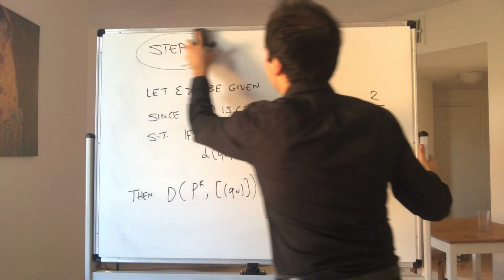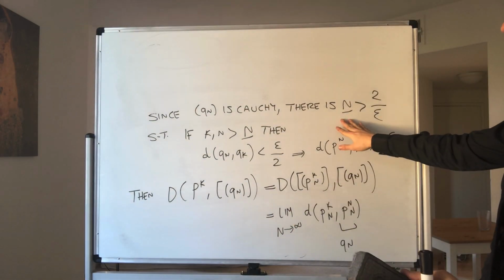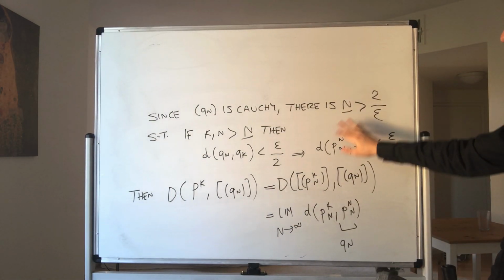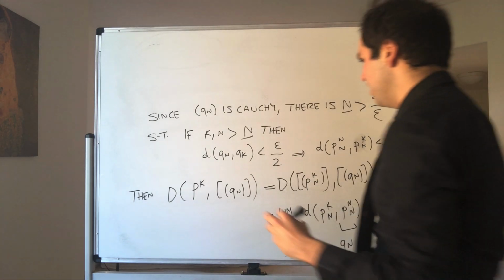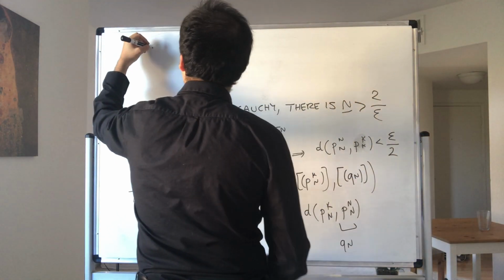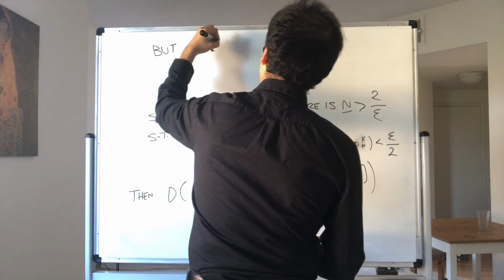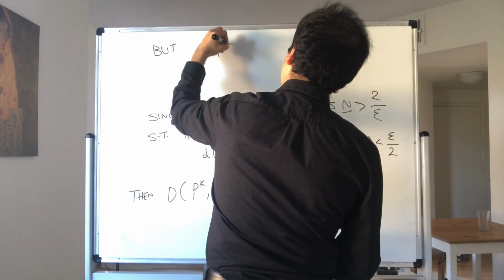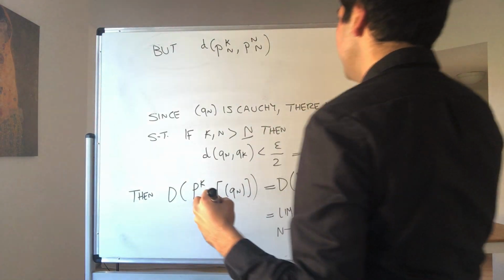But look. In other words, we want to show that there's an n large enough such that this thing is less than epsilon. But then, let's say the d of PKN and Pnn, well, you can just split it up as follows.